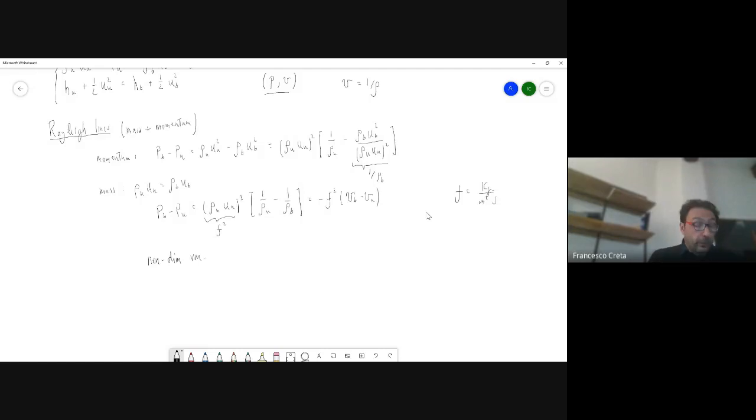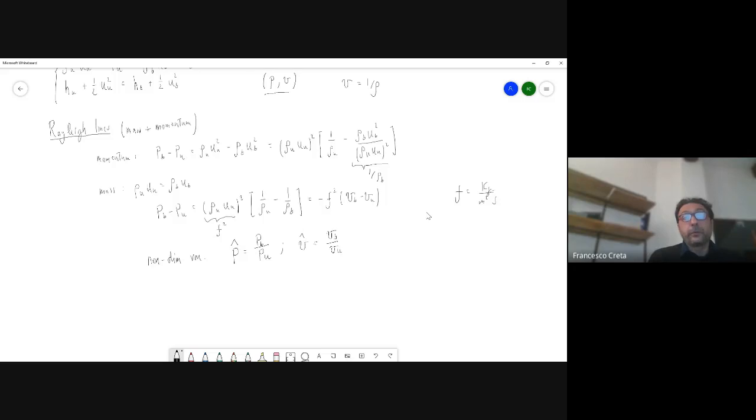The non-dimensional pressure, P hat, I'm going to define as PB over PU, and V hat is going to be VB over VU.